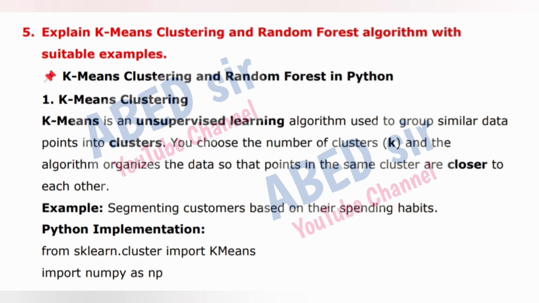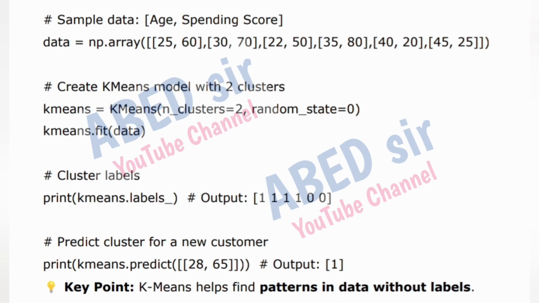Python implementation. From sklearn.cluster import KMeans. Import numpy as np. # Sample data: age, spending score. Data is equal to np.array([[25, 60], [30, 70], [22, 50], [35, 80], [40, 20], [45, 25]]). # Create k-means model with two clusters.